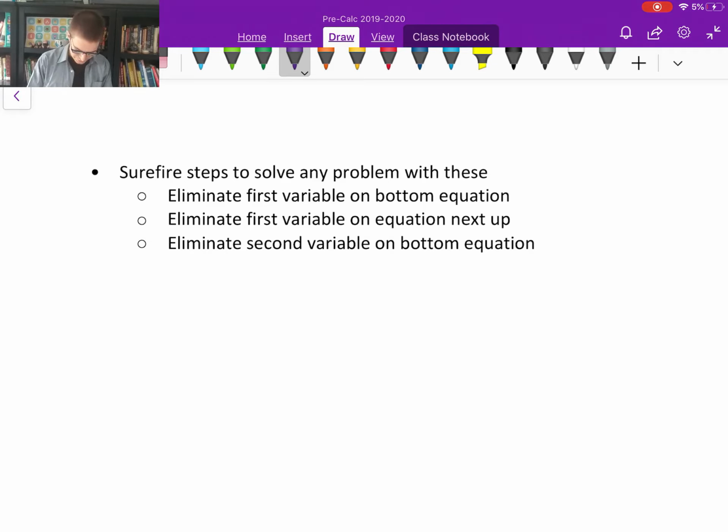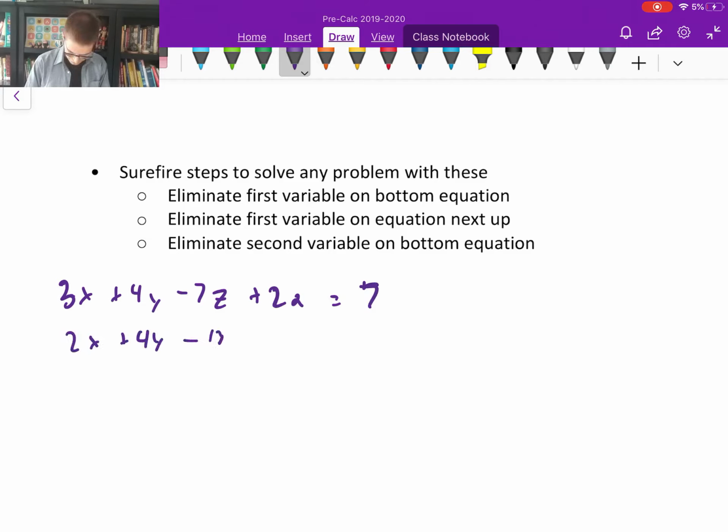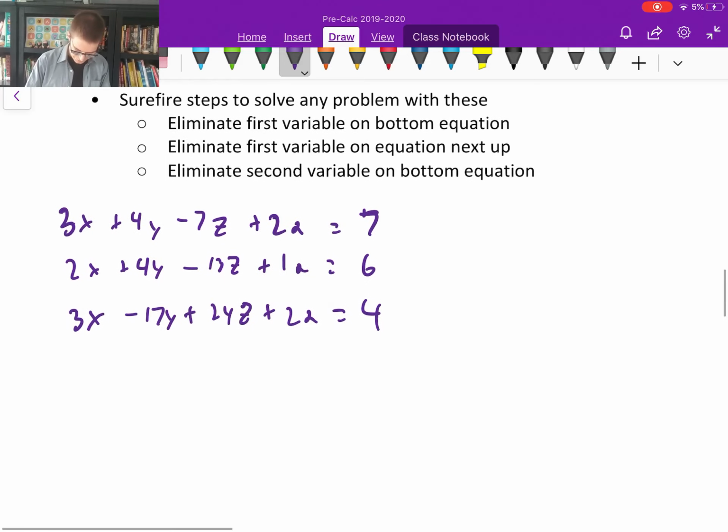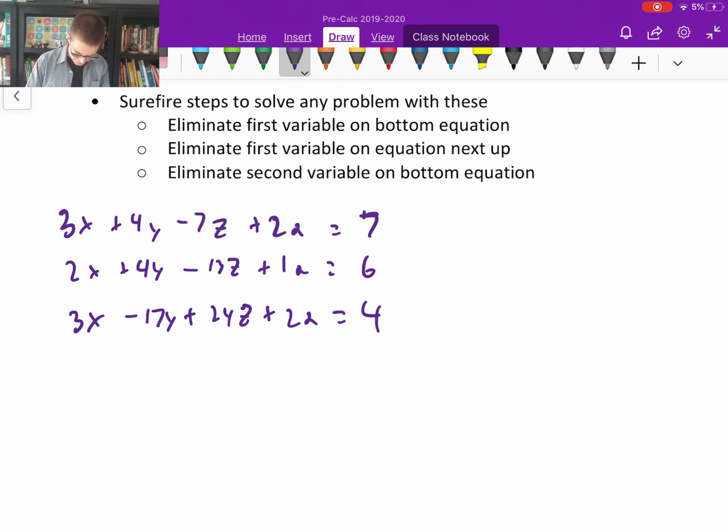Let's say we had 3x plus 4y minus 7z plus 2a equals 7, and then 2x plus 4y minus 13z plus 1a equals 6, and then 3x minus 17y plus 24z plus 2a... These variables really don't matter so much, but I'm just trying to clean it up, make it pretty clear what I'm trying to get us to do. Minus 6y plus 8z plus 14a equals 8.